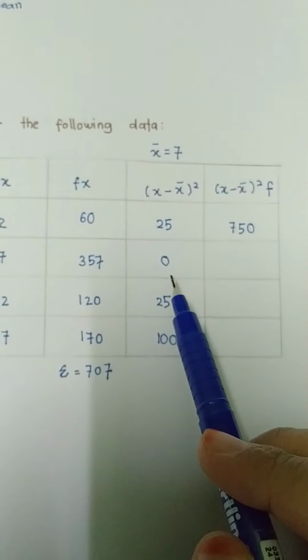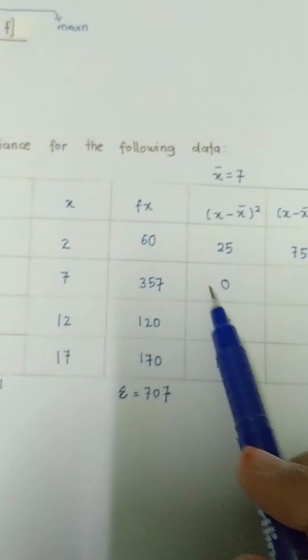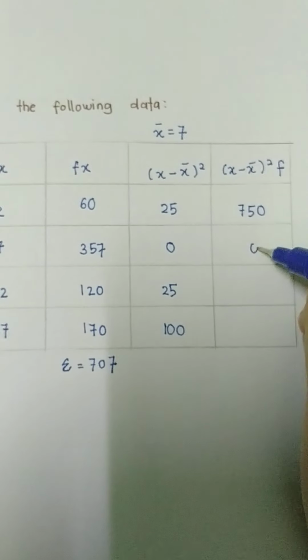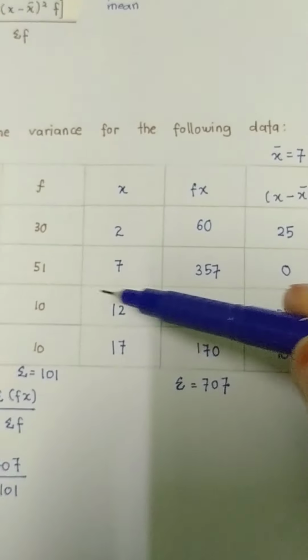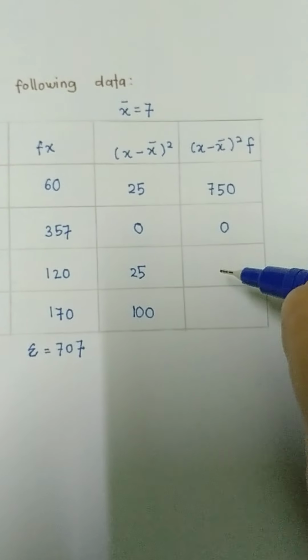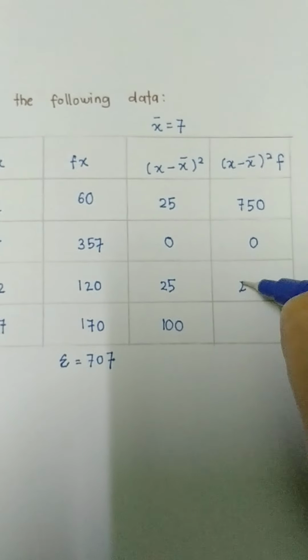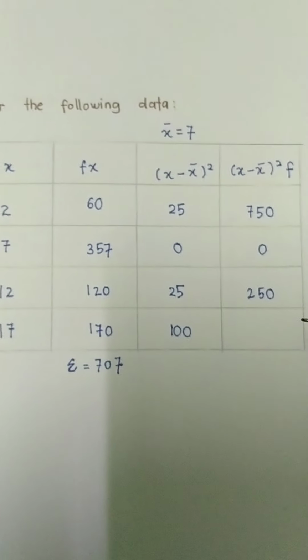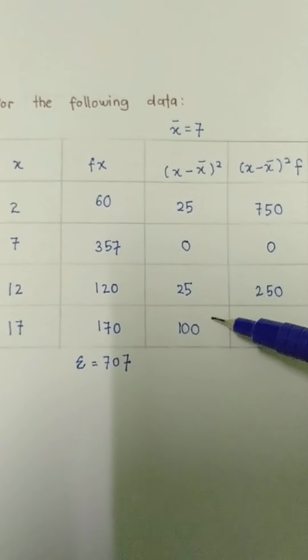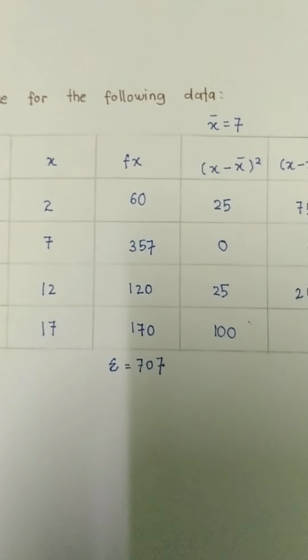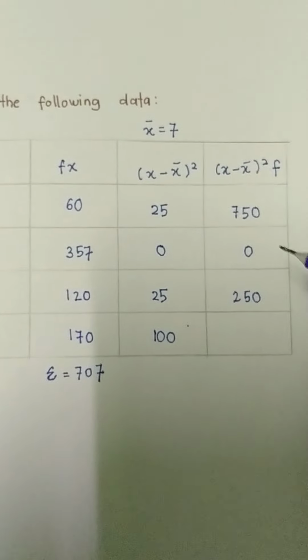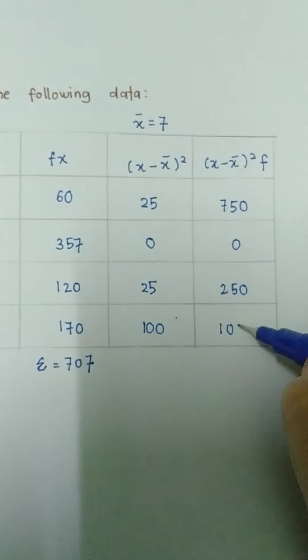For the second class, we have 0 times 51 is equal to 0. And then for the third class, 25 times 10, we have 250. And the last class, we have 100 multiplied with 10, so we get 1000.